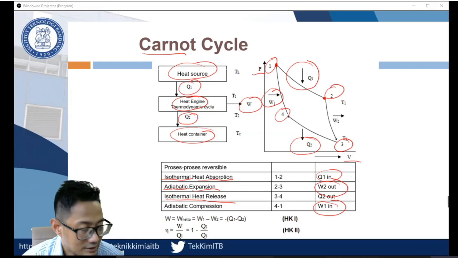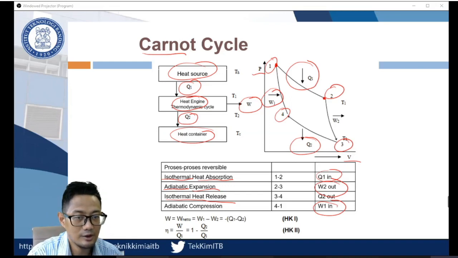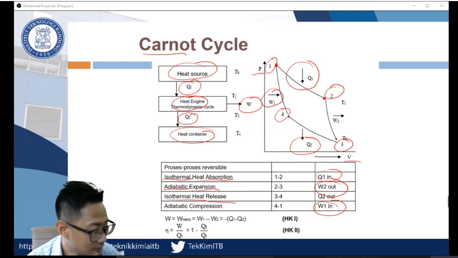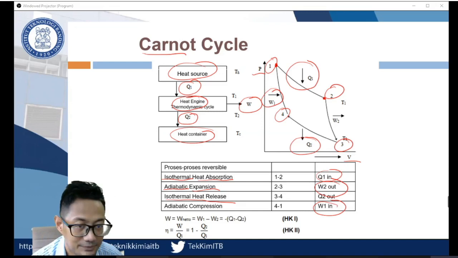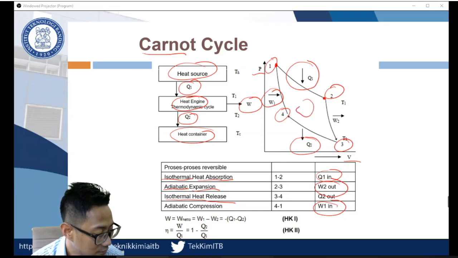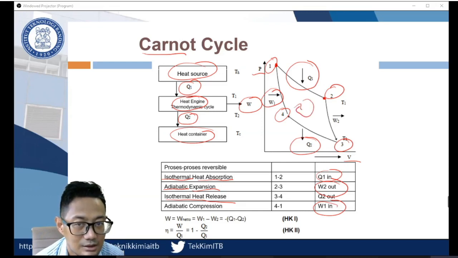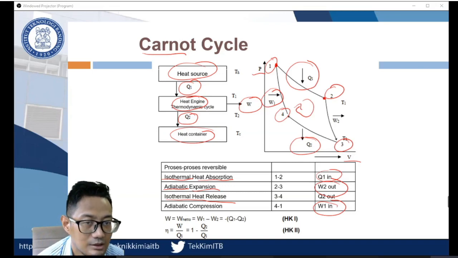Okay, once we denote everything in PV diagram, we understand the cycle, and we also follow this system. Please be aware that the cycle follows a clockwise direction. Later, when we discuss the opposite of this system, the heat pump, the cycle will follow counterclockwise.